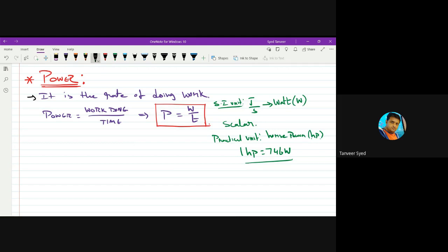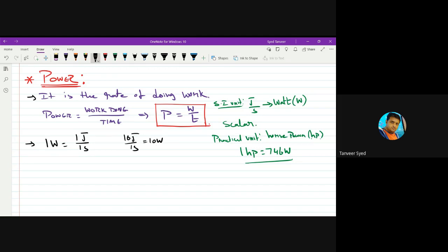And if you want to get more clarity on this, see, when do you say that the power of a body is 1 watt? When it can do 1 joule of work in 1 second. If a body can do 1 joule of work in 1 second time, then its power is 1 watt. If it can do 10 joule of work in 1 second time, its power is 10 watt.